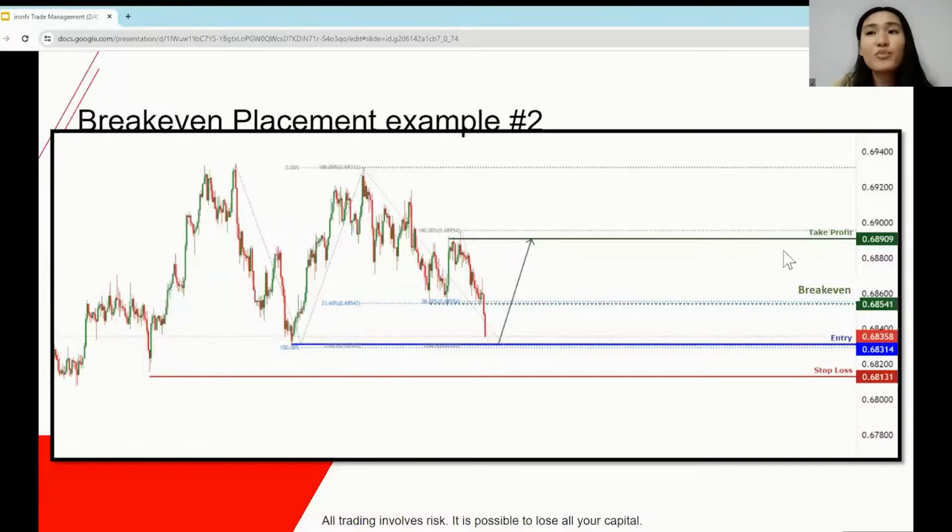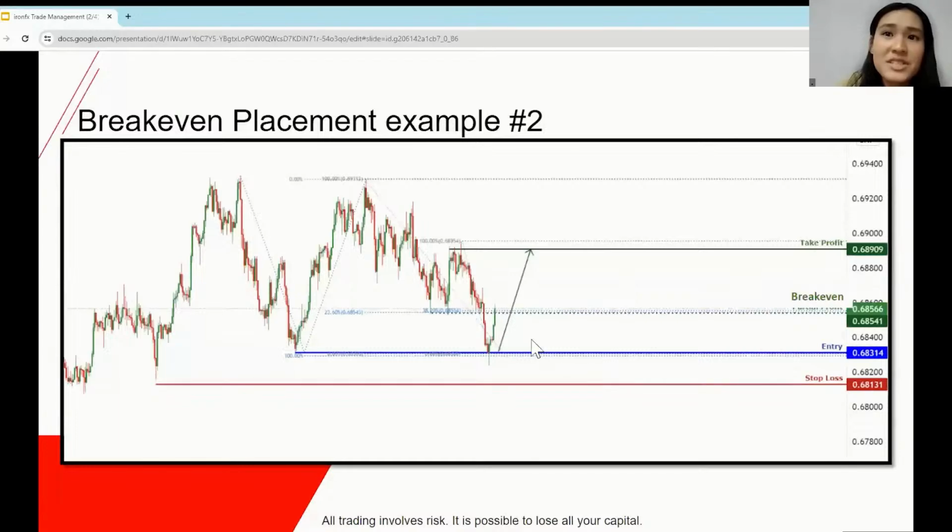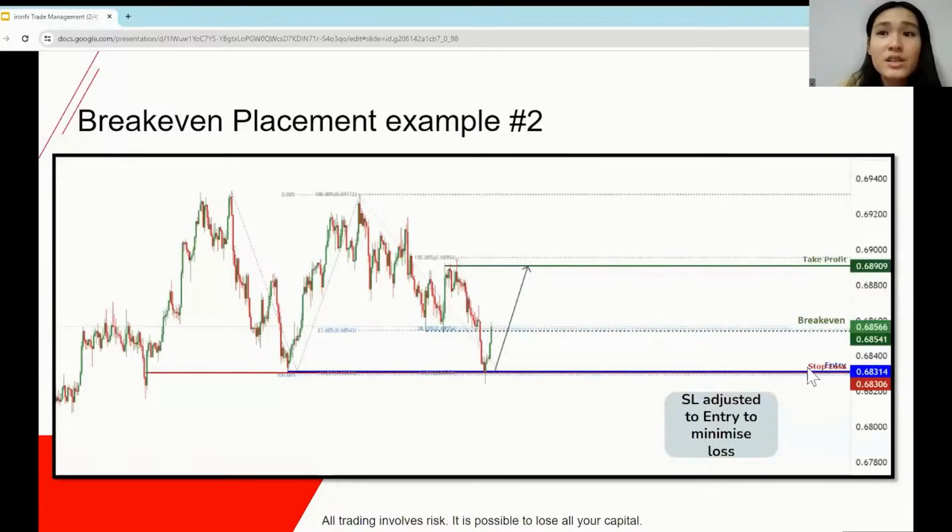So we've made this area our partial profit area or break even area, and we are expecting price to bounce off of our entry and head towards our break even. You can see once price reached our break-even level, we were able to get out of the trade, but also get a little bit of our profits.